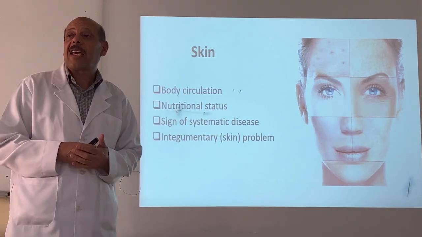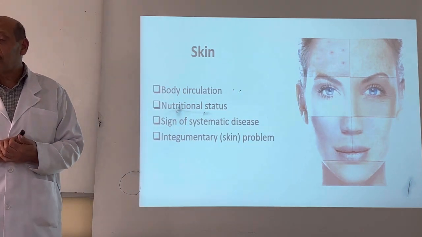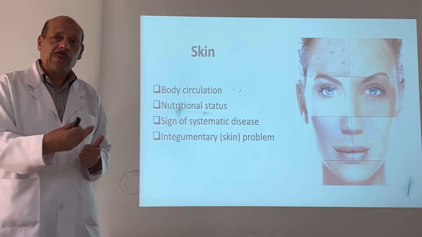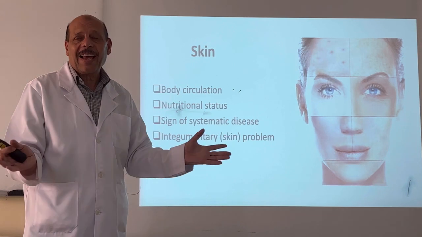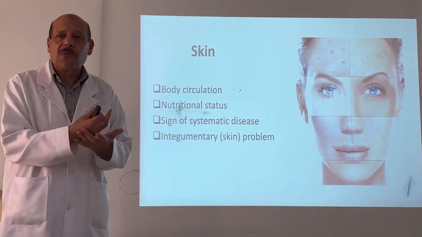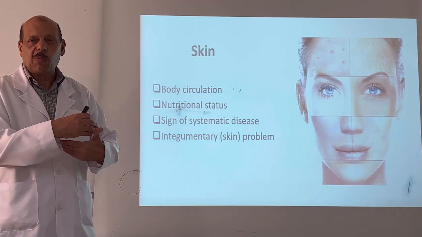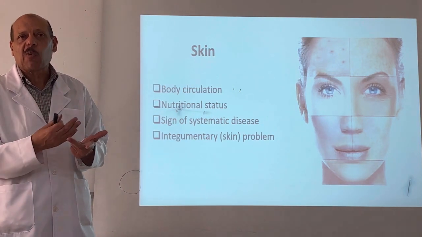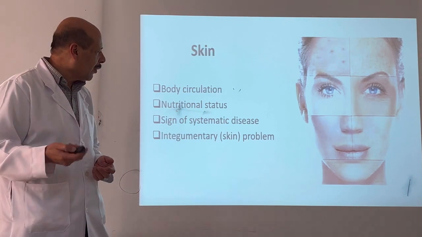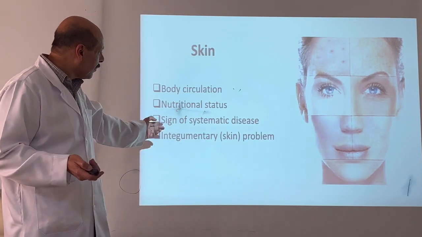Also from the skin, we can understand the nutritional status of the client. The nutrition itself, we can understand it from looking at the skin. So if the skin color changes, the texture will change in case of nutritional disease or deficiency.